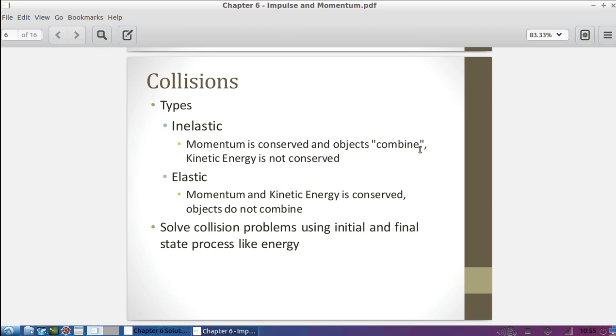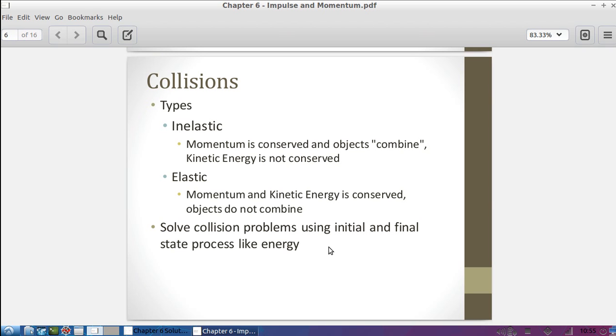They're not going to combine. So elastic, think of two billiard balls colliding, bouncing off each other, making that click sound. And then inelastic collisions, two objects that are kind of sticky, and they come together and combine as one.